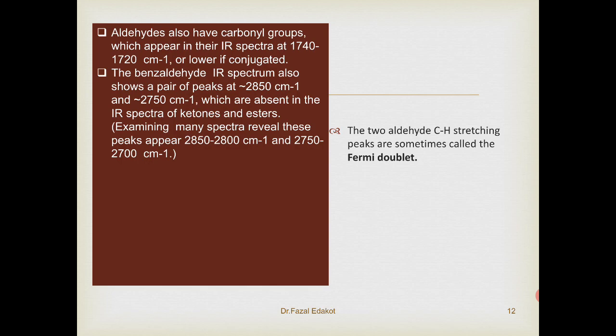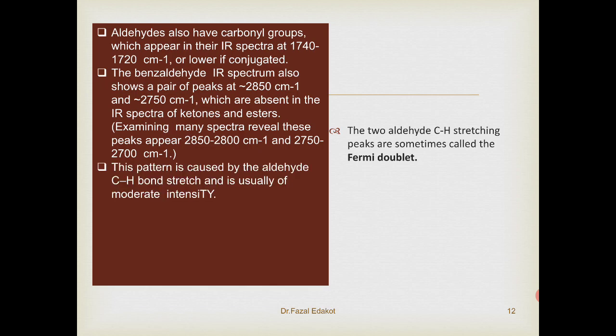So how you can discriminate the spectra of aldehydes from ketones and esters could be understood by this point. Examining many spectra reveals these peaks appear somewhere at 2850 to 2800 per centimeter and 2750 to 2700 per centimeter. This pattern is caused by the aldehyde CH bond stretch and is usually of moderate intensity.